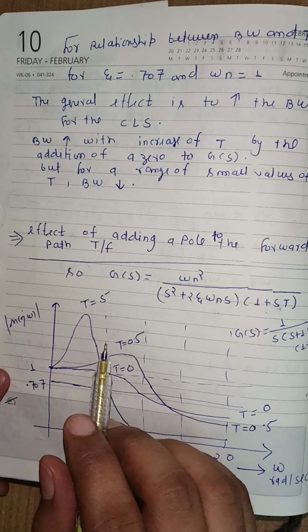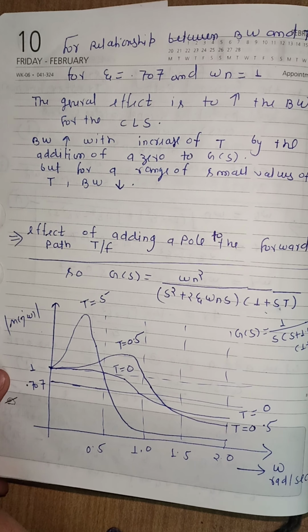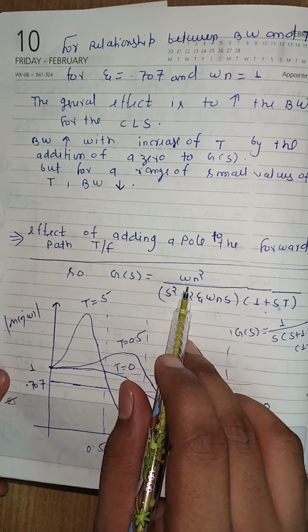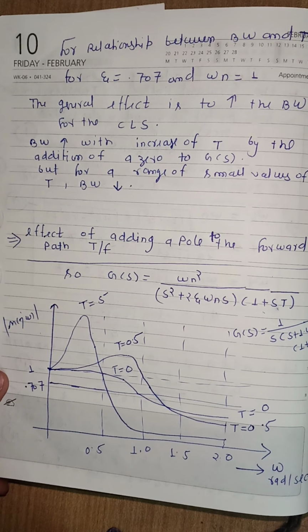So the denominator of the first equation will change. That's why we have omega n square divided by s square plus 2 zeta omega n s (1 plus sT).